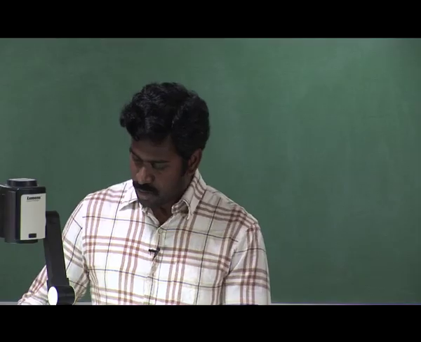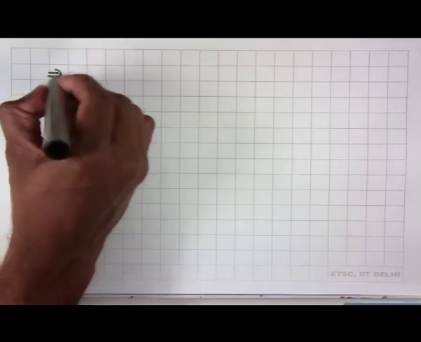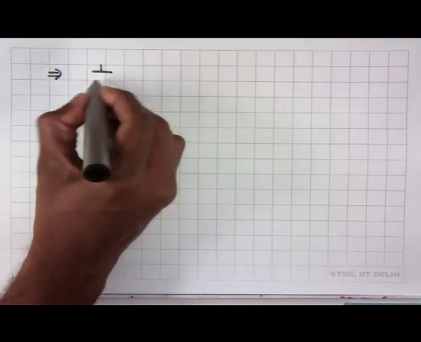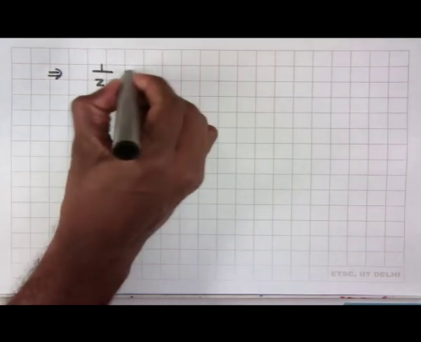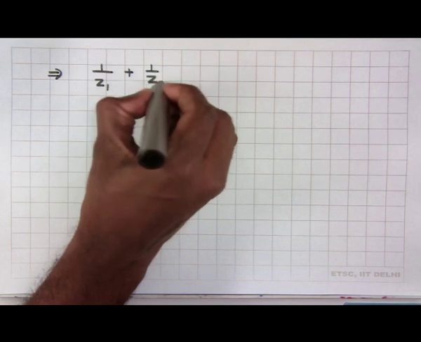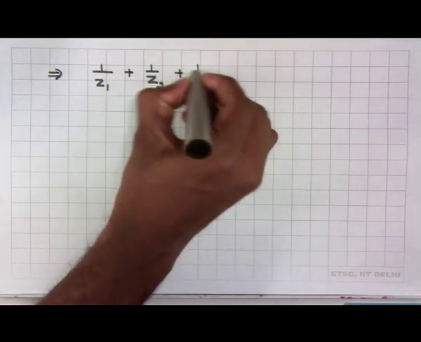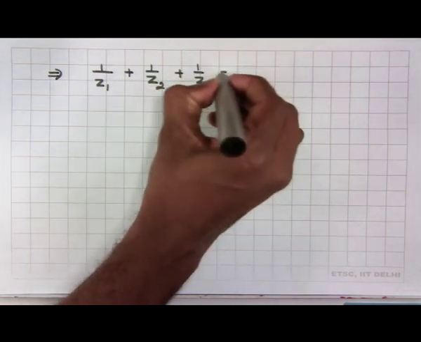So, we arrive at the following equation: 1 by Z1 plus 1 by Z2 plus 1 by Z3 is equal to 0.